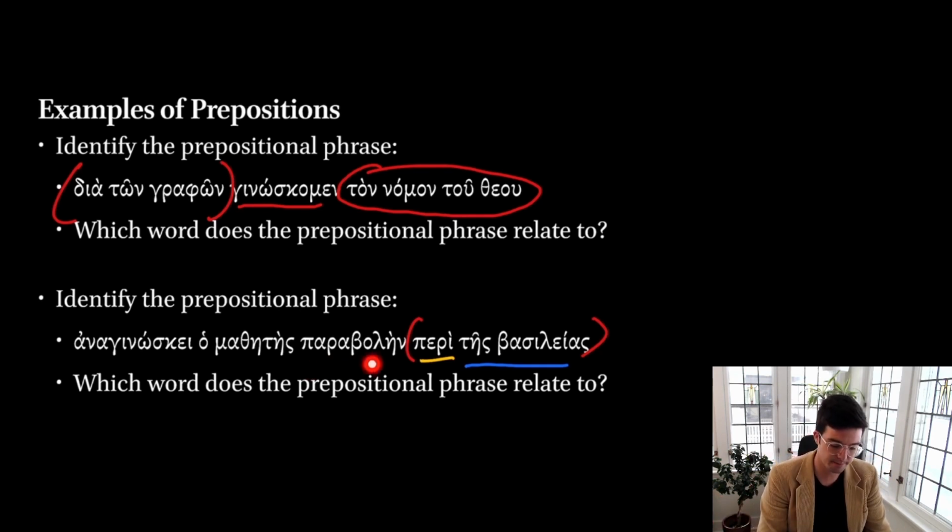So in this case, the prepositional phrase peri tes basileias is modifying or telling us more information about parabolen, the parable. So to put it together, we have a parable about the kingdom.